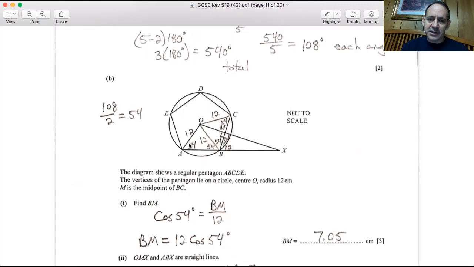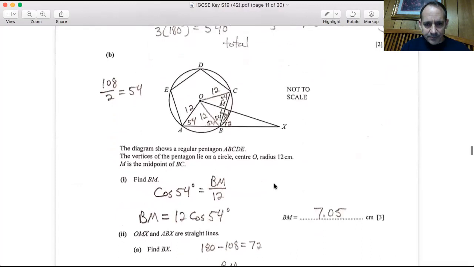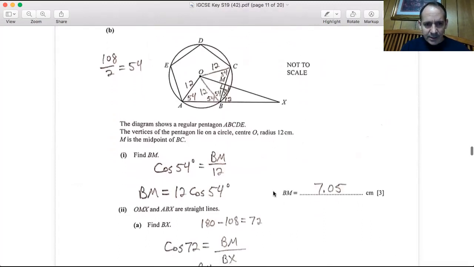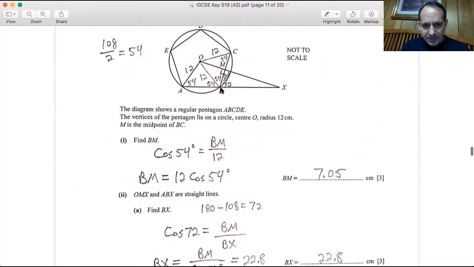So that means the angles across from those radii are equal value. So we have 12 and 12. And where did our 12 come from? Oh, because it says right here the radius is 12. And what it wants us to find is BM. BM is halfway to BC.